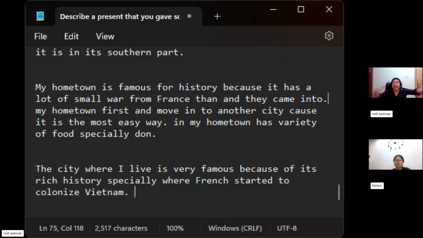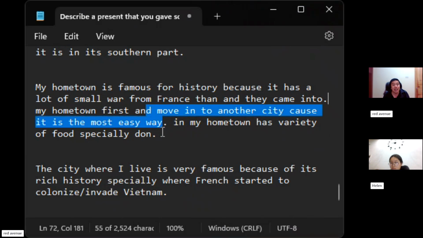Is it colonize, invade? Check. Invade. Okay, so the city where I live is very famous because of its rich history, especially where French started to colonize or invade Vietnam. You can say this until here, right?